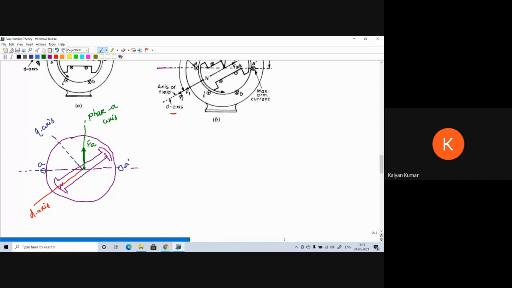So A dash is carrying maximum armature current. Therefore, the FA acts along the phase A axis.